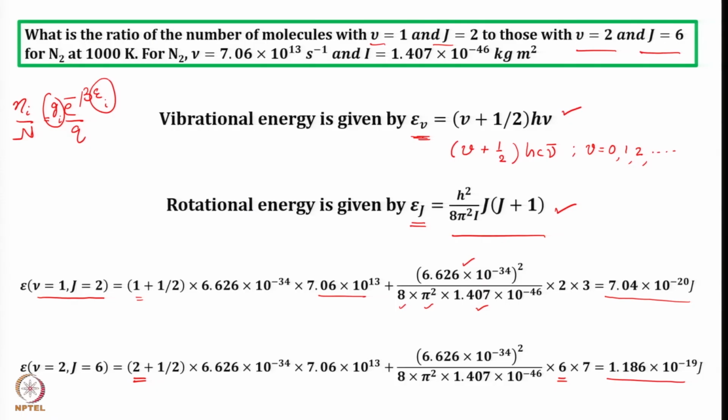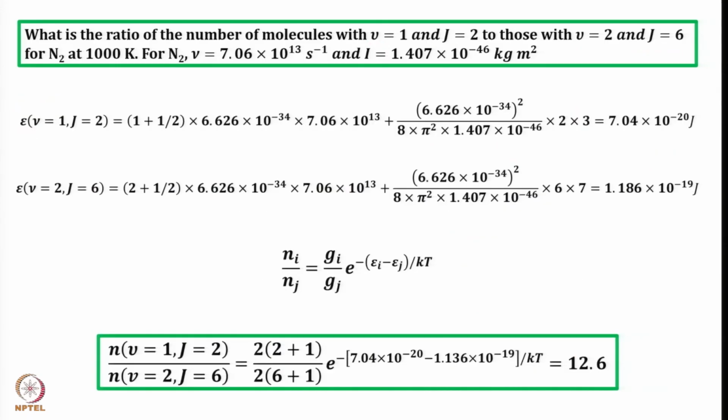We have the energies now for the set of quantum numbers given to us. I just said that N_i is equal to g_i exponential minus beta E_i over q. And similarly, I can write N_j is equal to g_j exponential minus beta E_j over q.